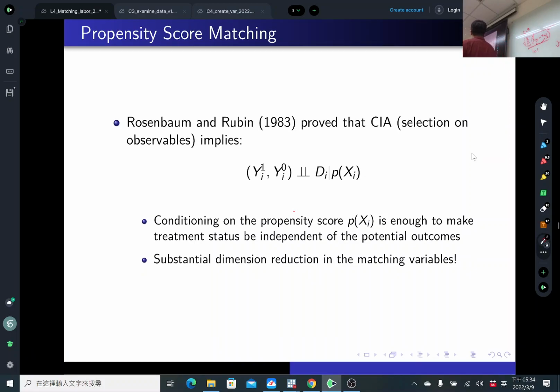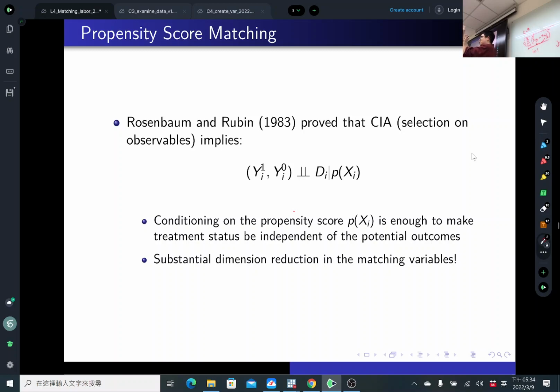Okay, so these two statisticians, in 1983, proved that under the CIA assumption, the conditional independence assumption, this term is implied, that is, conditional on the propensity score. So you compare the treated unit and the untreated unit with the same propensity score. For example, they all have a propensity score of 0.1, a treatment probability of 10%.